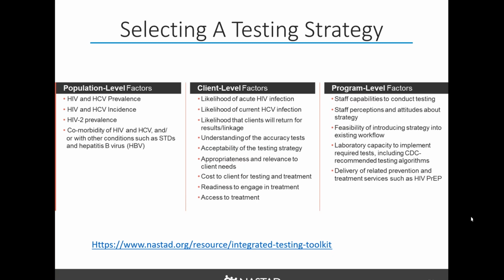If you do a whole blood rapid test and submit a sample to the laboratory for confirmation, they are going to want to start at the beginning of the laboratory algorithm. That would be the HIV-1 antigen antibody test, and they will need to process the whole blood to serum or plasma to perform that test. If it's reactive, they will continue through the algorithm, going on to Geenius and, if needed, NAT.